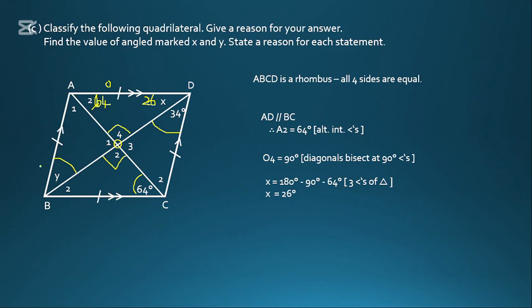So AB is parallel to CD, and that means that y is equal to 34 degrees. So AB parallel to CD, therefore y is equal to 34. Reason? Alternate interior angles. Right.